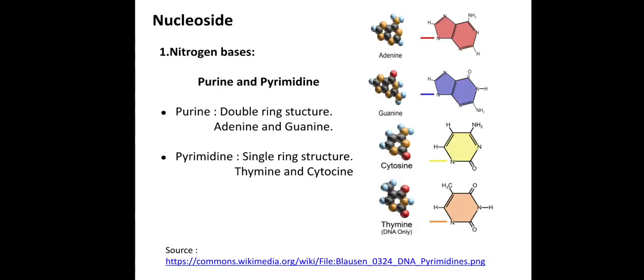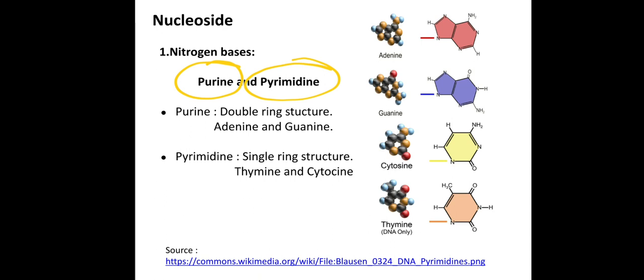First let's see the nucleoside. A nucleoside is formed of sugar and nitrogenous base, and among nitrogenous bases there are two types. One is purine, the other is pyrimidine. First see what these purines and pyrimidines are. Why is it called a nitrogenous base?